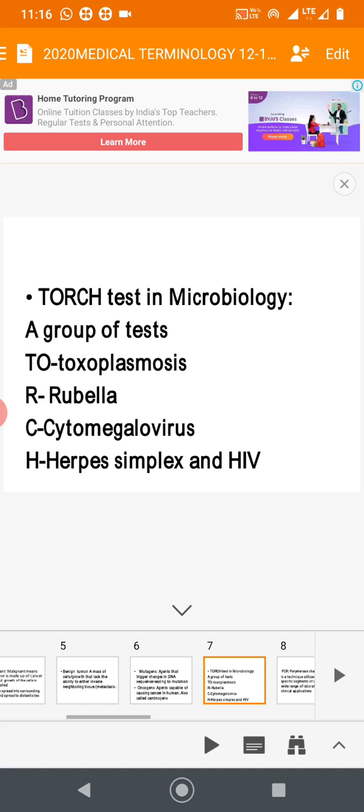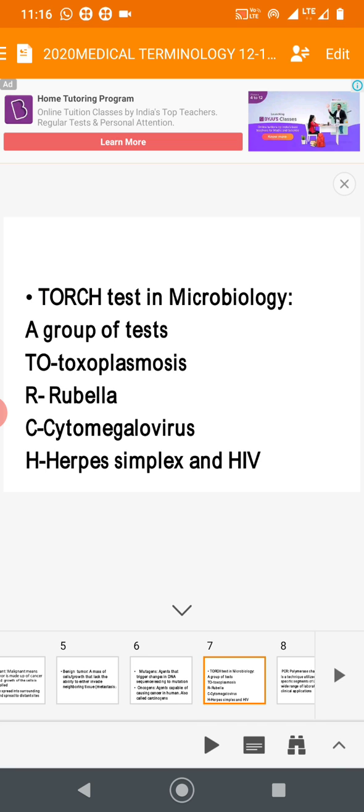So what is the TORCH test used in microbiology? It is a group of tests to screen multiple infections. T refers to toxoplasmosis, caused by the organism Toxoplasma.